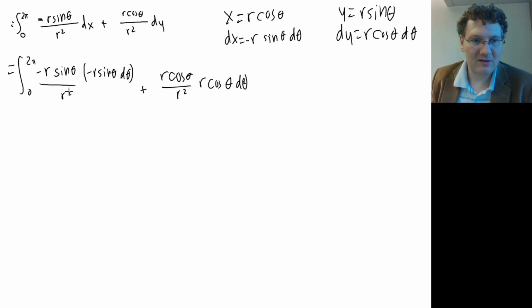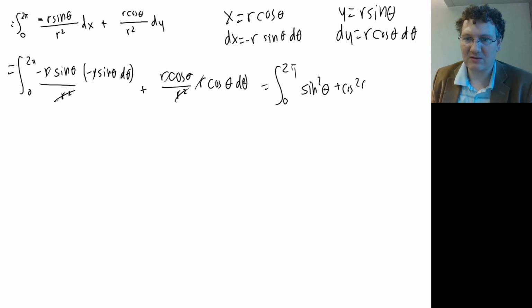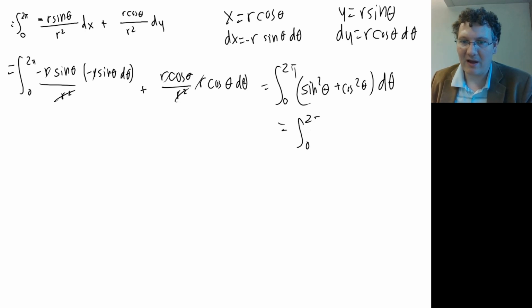You can see these r's cancel. What you get is the integral from 0 to 2 pi of sine squared theta plus cosine squared theta d theta. Lo and behold, this is the integral from 0 to 2 pi of 1 d theta, which is 2 pi.